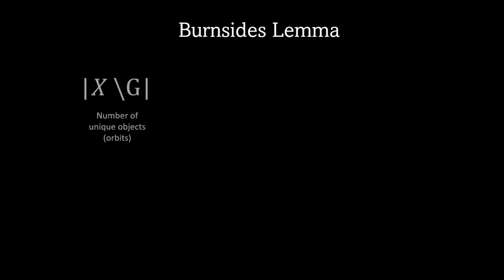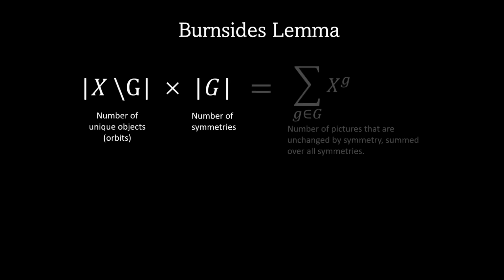Loosely said, the formula states that the number of unique objects multiplied by the number of symmetries of that object is equal to the sum over all symmetries of the object of the number of pictures that remain the same under that symmetry. This way of calculating the number of unique orbits is much faster because we do not have to go through the overcounting argument that we used in this video.